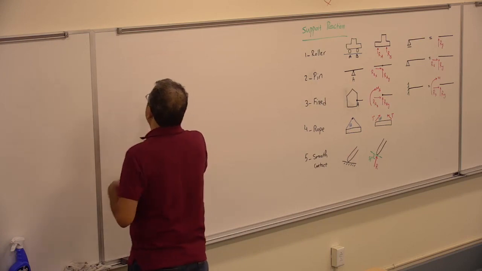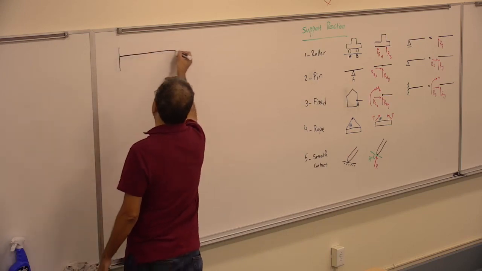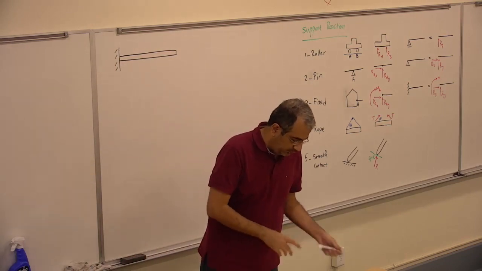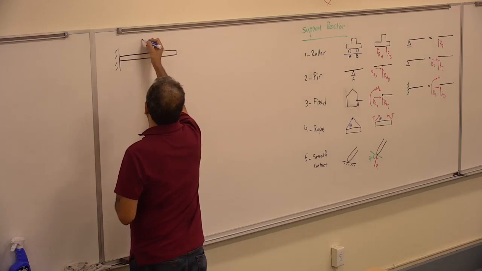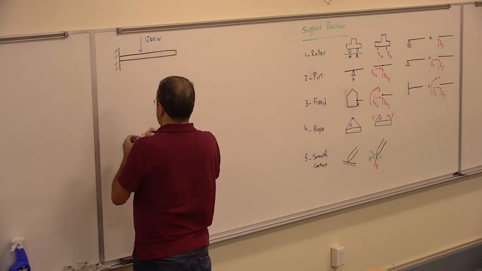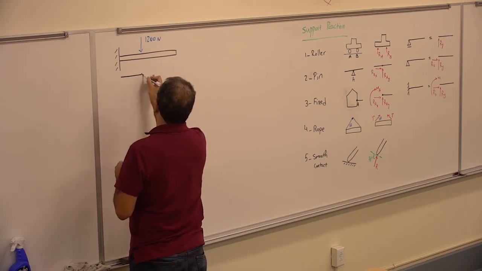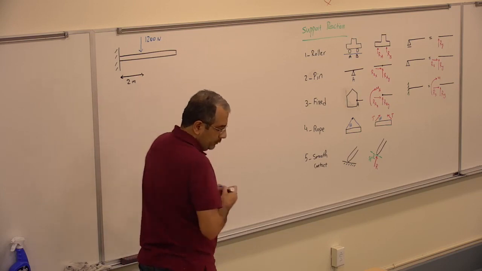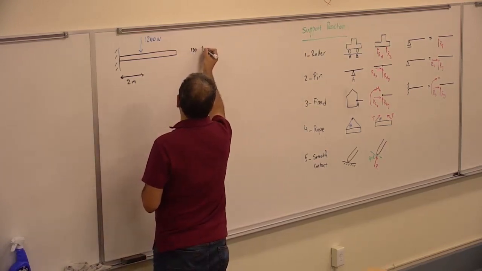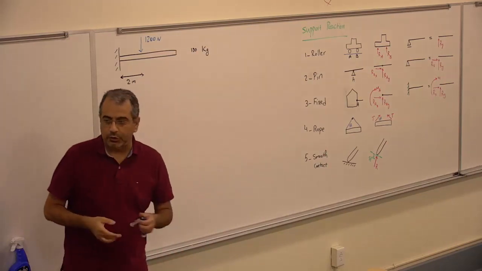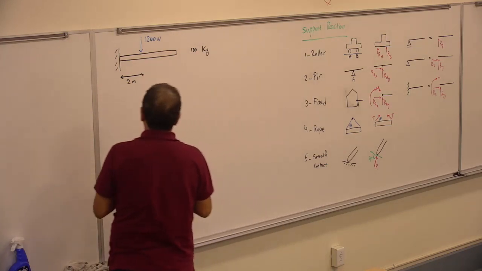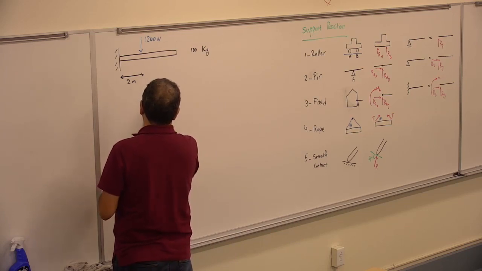A couple of examples. So if I have a beam like this, and 100 Newton meter from here, and it is 100 kilogram, and I want to draw a free body diagram for that.